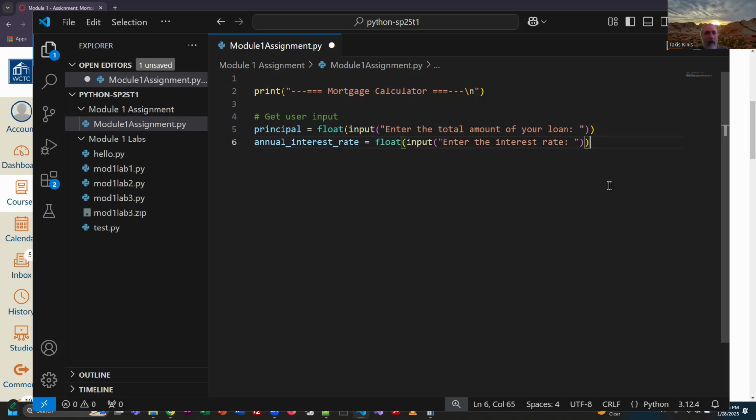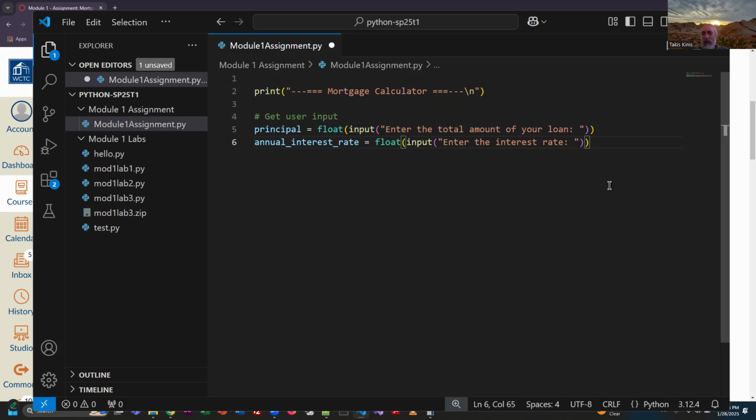In modern programming, and Python is one of those languages that really pushes this, name your variable really verbosely and name it what it is. So don't call it like A or R or something like that. I'm calling it annual interest rate. I'm spelling out the whole darn thing.